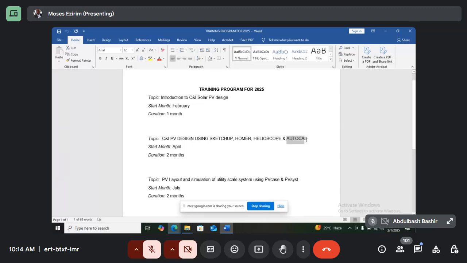There is no job description of a solar designer that you will see that you will not see AutoCAD there. AutoCAD is accepted internationally, so we're going to be looking at that.